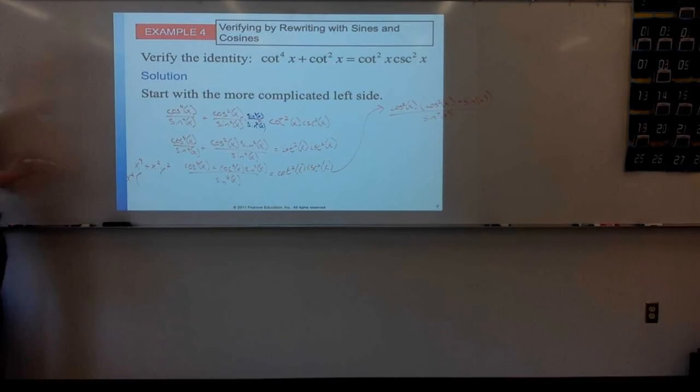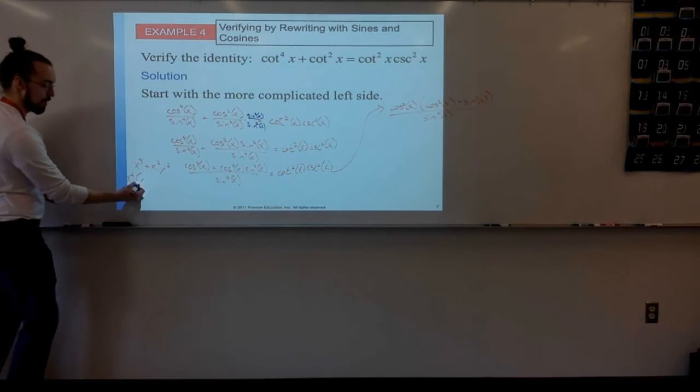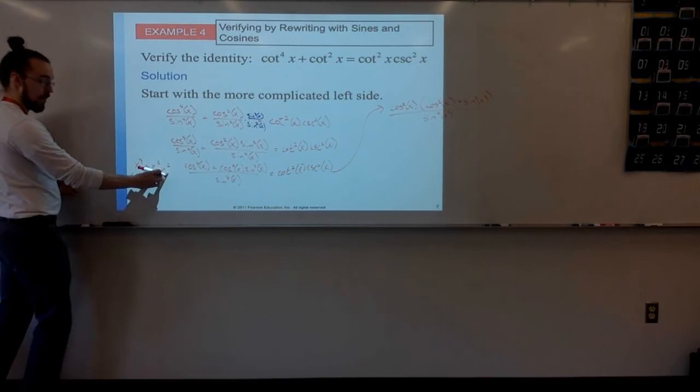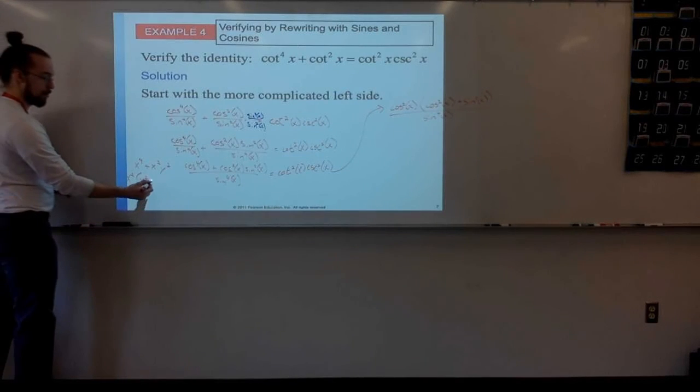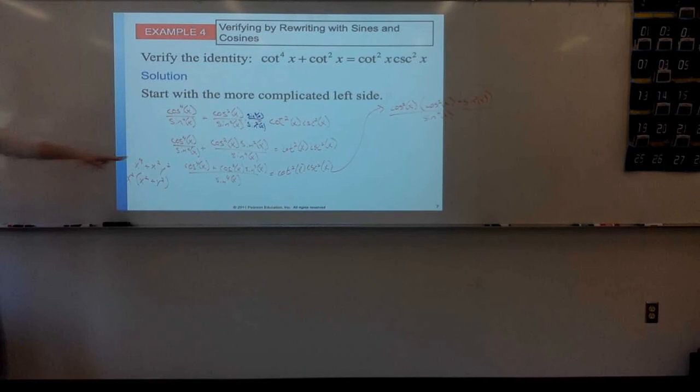When I factor something out, that's dividing. So if I take x to the fourth divided by x squared, I would just be left with x squared. And if I take x squared times y squared divided by x squared, I would just be left with y squared. That's all we're doing here.